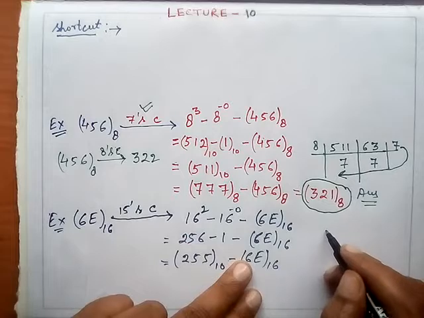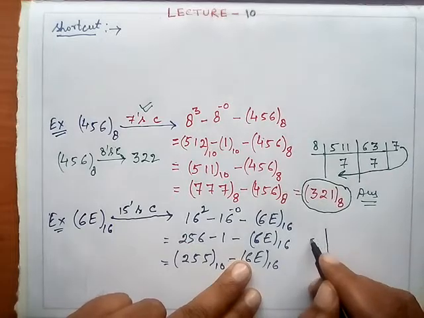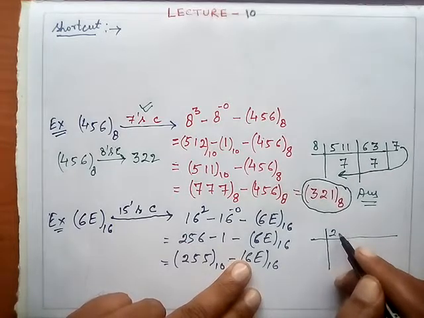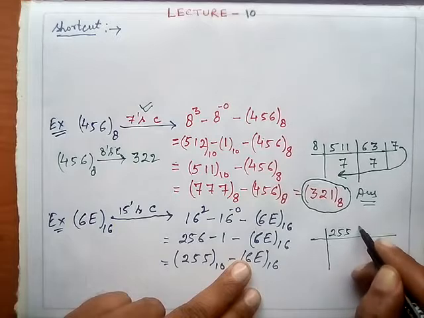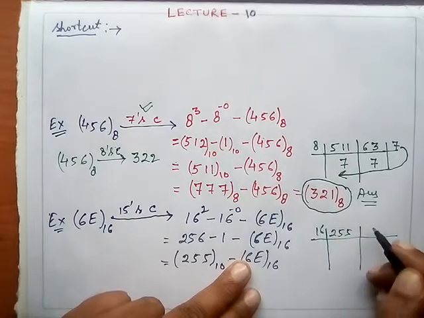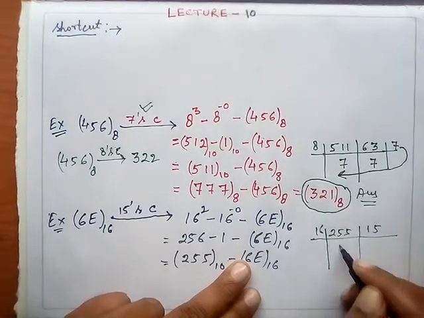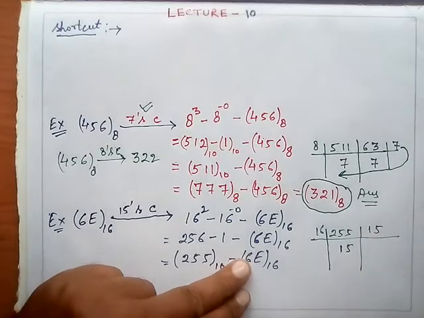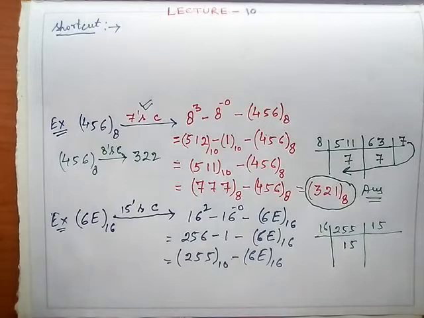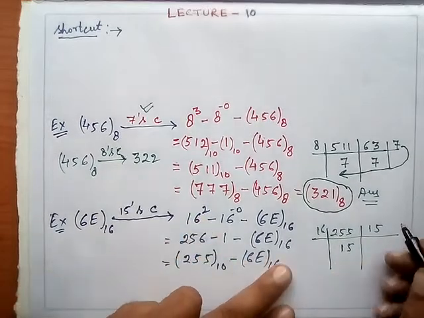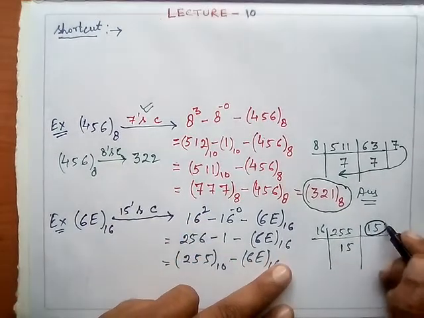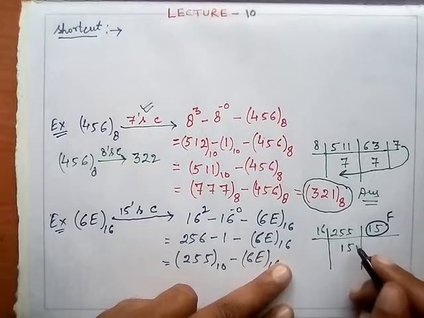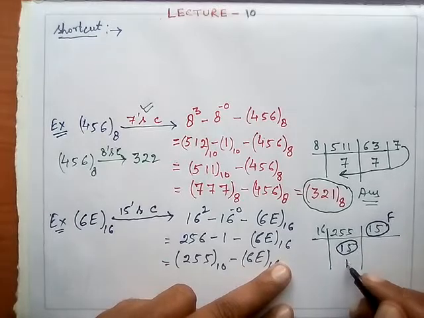So what I do, I divide this 255 by 16. It will be 15 and the remainder will be 15. I have done the calculations already to save time. Now this 15 corresponds to f in hexadecimal, and this 15 also corresponds to f.